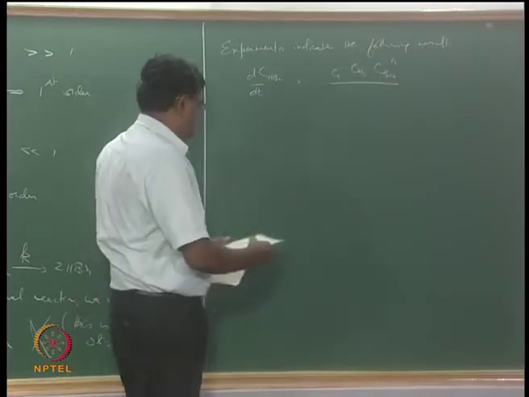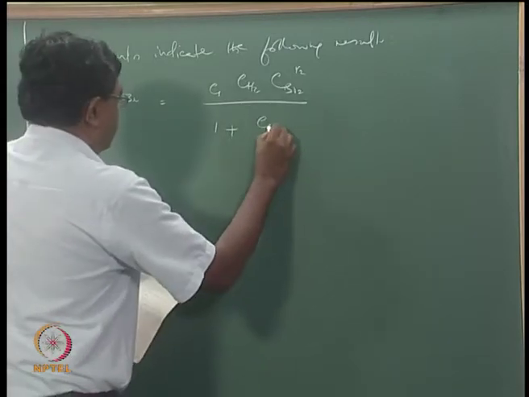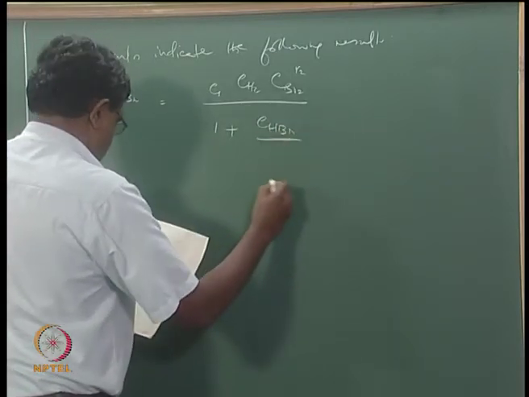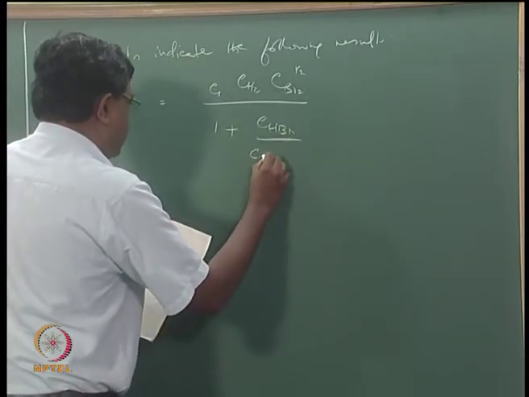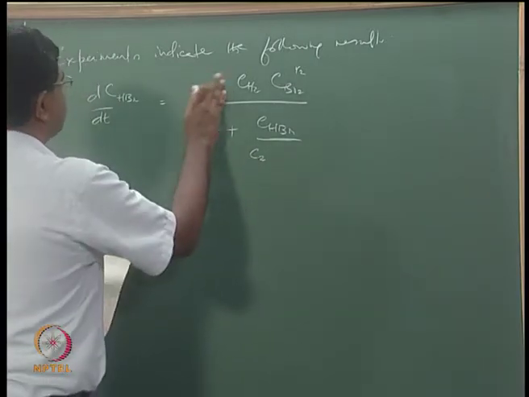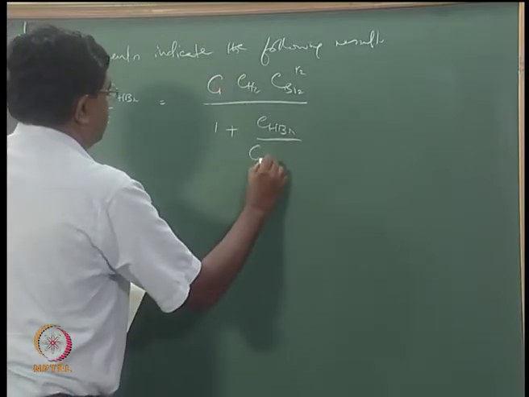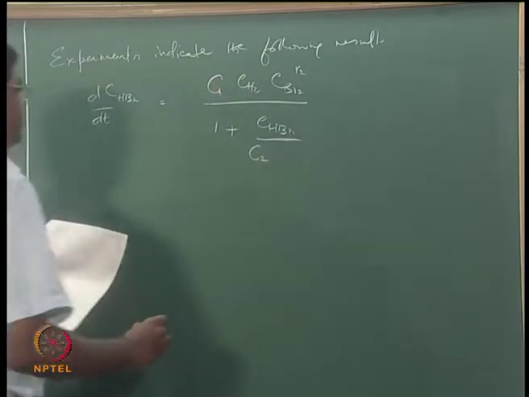Hold your breath, this is getting a lot more interesting. So we now have CHBr divided by another constant C2. Let's use capital C's here for these constants because we are using small c's for the concentration.